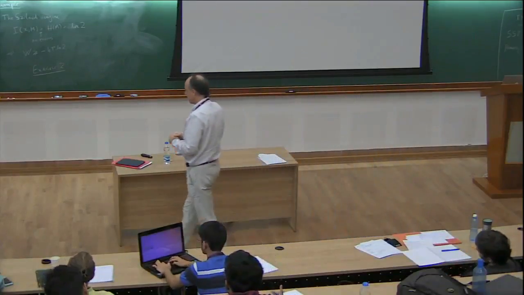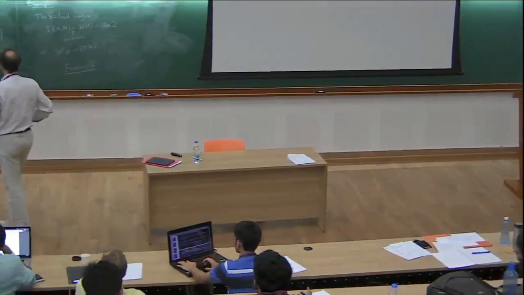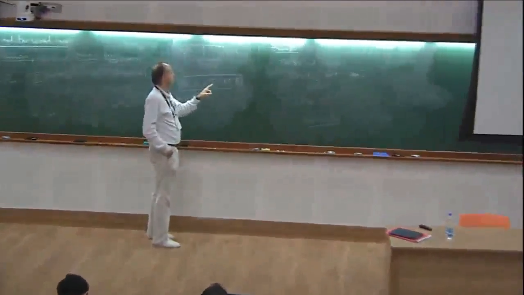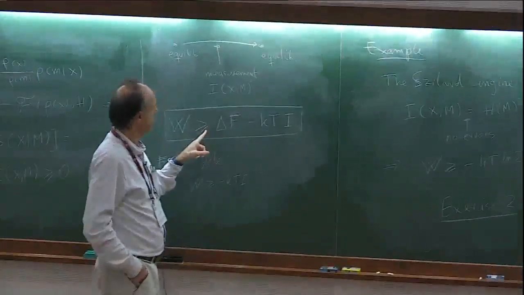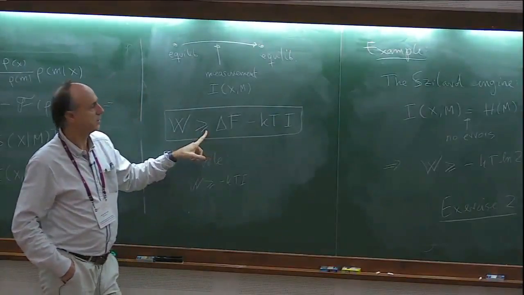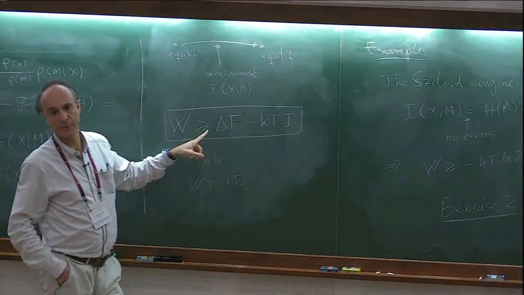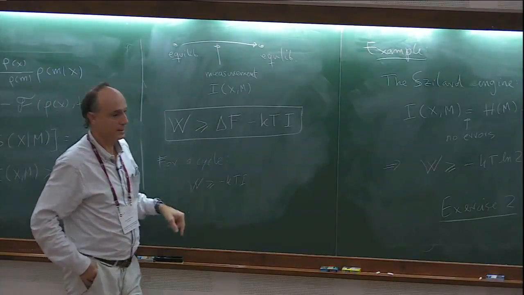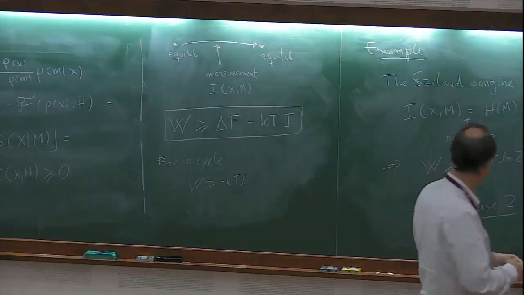And the second question is how can I meet this equality? So how can I build Maxwell demons which are optimal Maxwell demons? And this is what I'm going to tell you now.